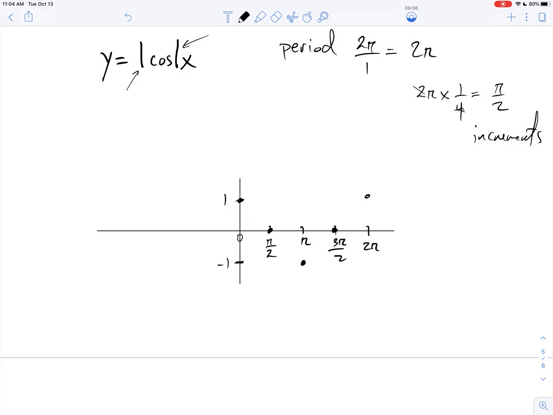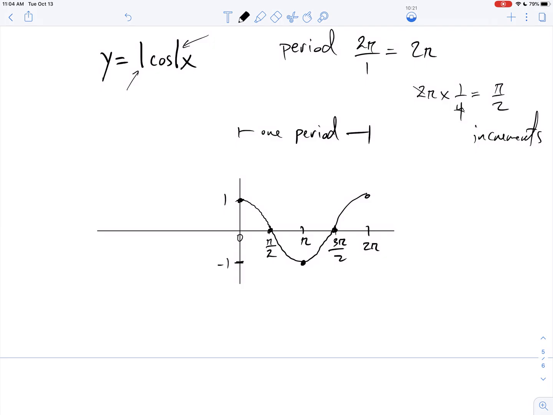When you sketch sine, it always starts on the line. But when you sketch cosine, it starts above the line. So it goes above the line, on the line, below the line, back on the line, above the line. So that is one period. That is a standard one period of cosine graph.